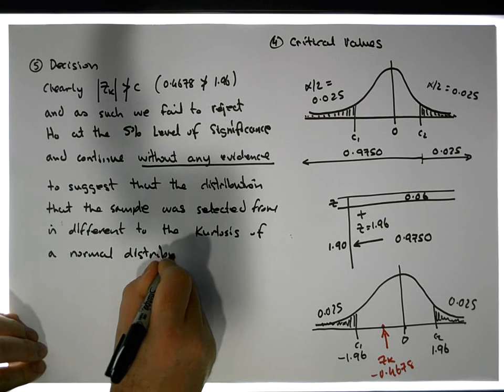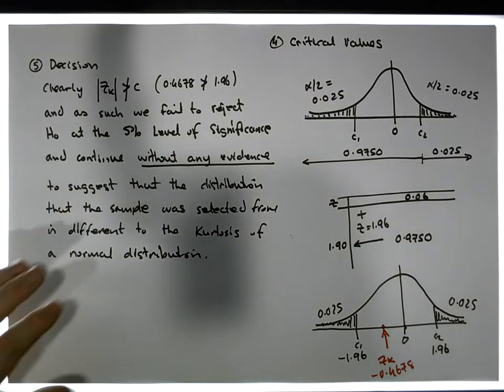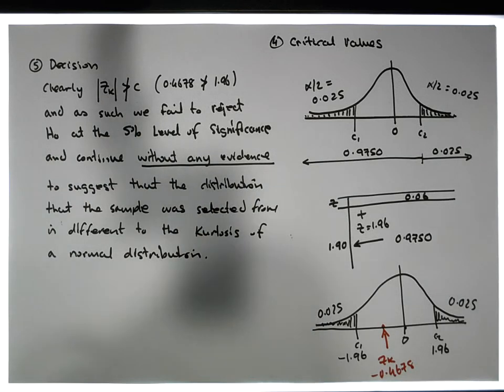So there's no evidence to suggest that we're lepto or that we're platy, and so we're left with no evidence, so we cannot reject the null hypothesis.